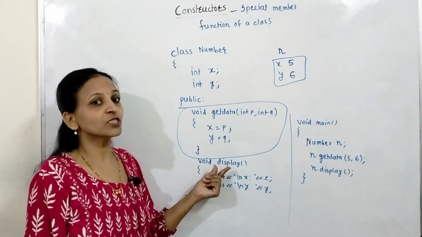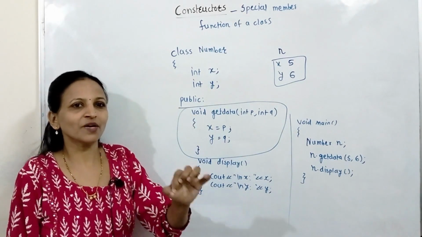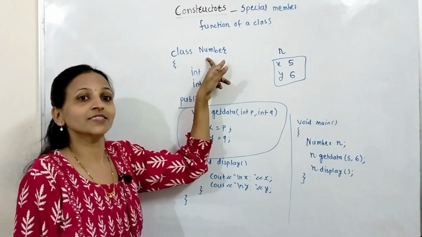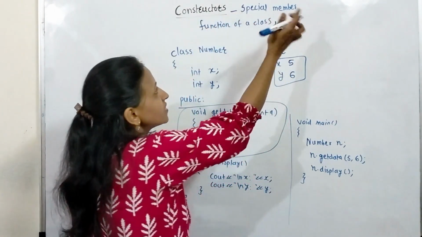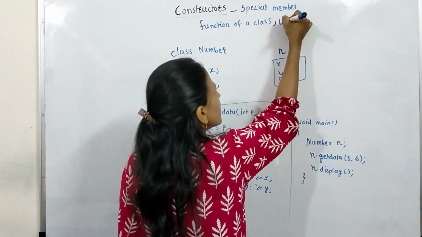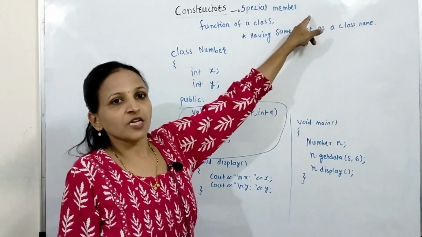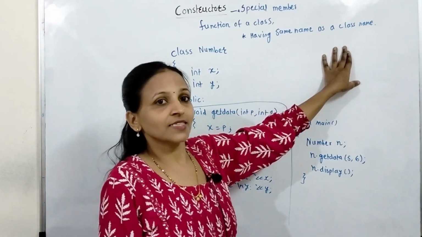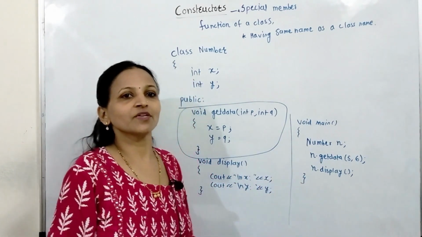A constructor will have the same name as the class name, which means we have to write a member function which has Number as its name. Okay, a constructor is a special member function of a class which has the same name as the class name, and it is used to initialize data members of a class.